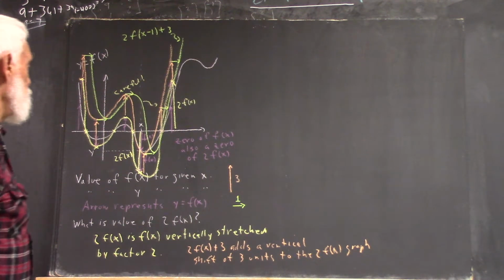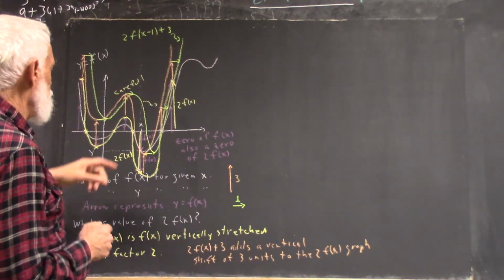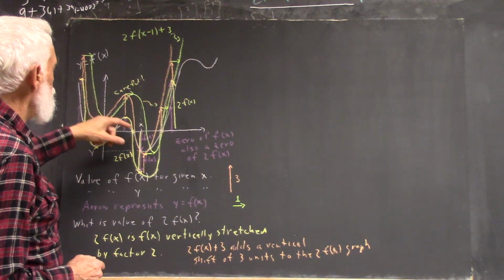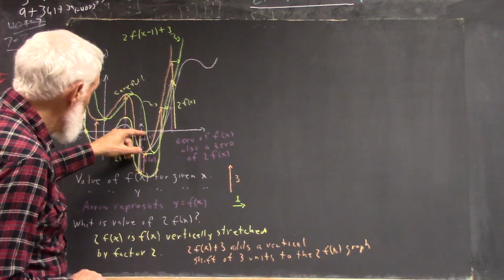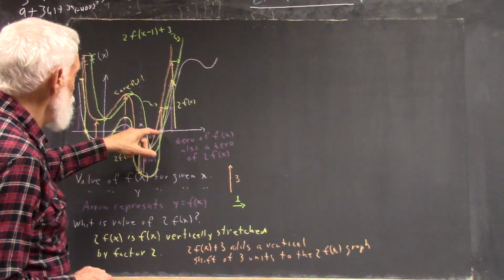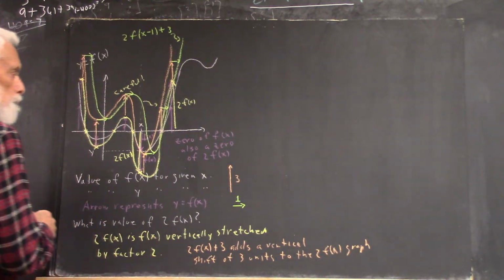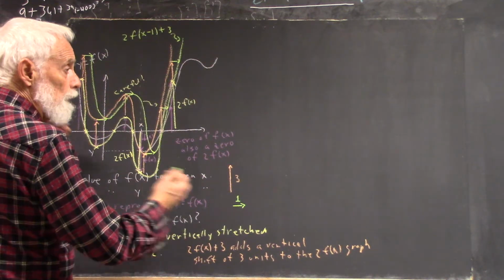One thing we notice, if I've done this accurately, is that all the zeros of the orange graph will move 1 unit to the right to get to the horizontally shifted graph.